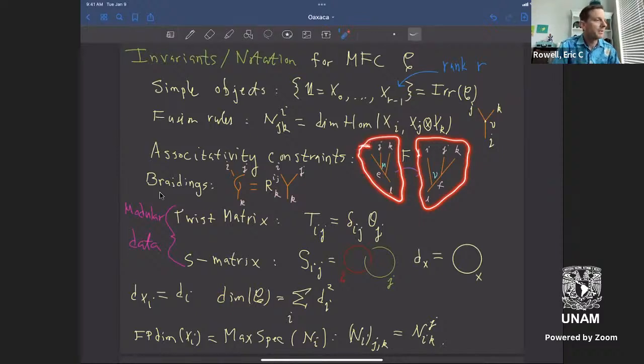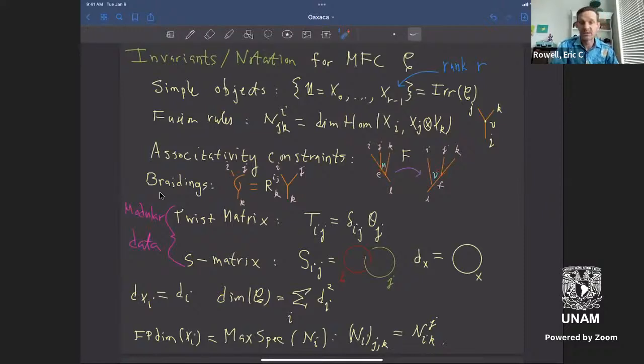And so in particular, the spaces where these live are isomorphic vector spaces. And so we need to encode how to change, sort of the recoupling theory, if you like, how do you rewrite it in this way? And those are encoded in things called the F matrices, sometimes also called 6j symbols.